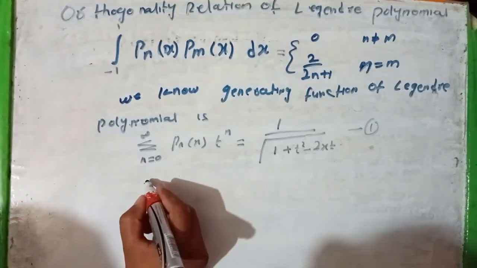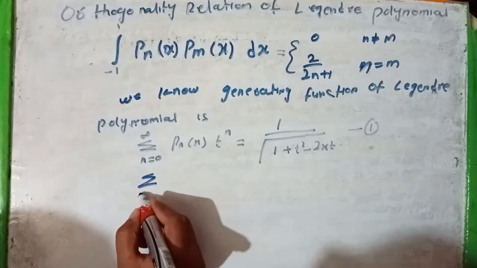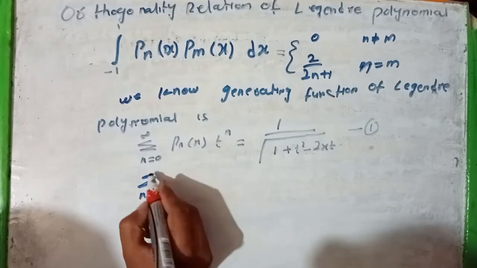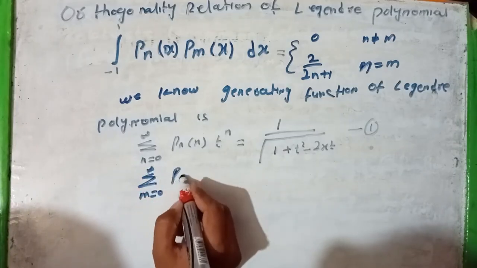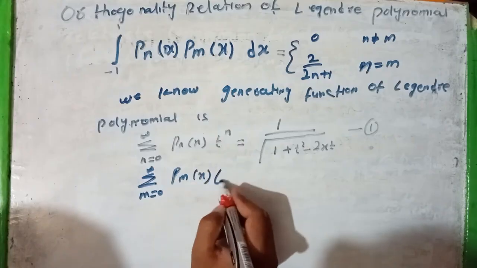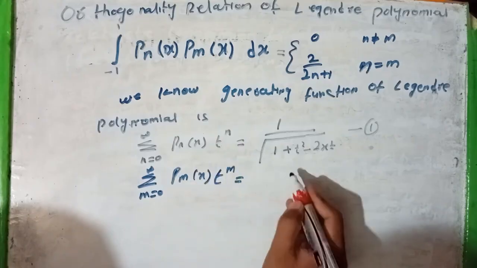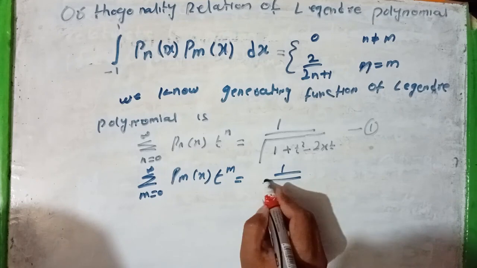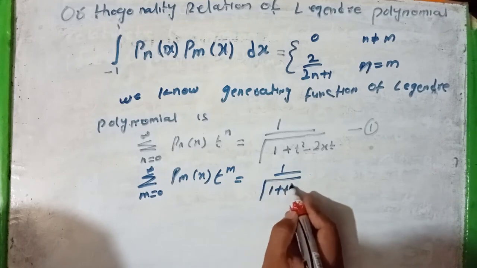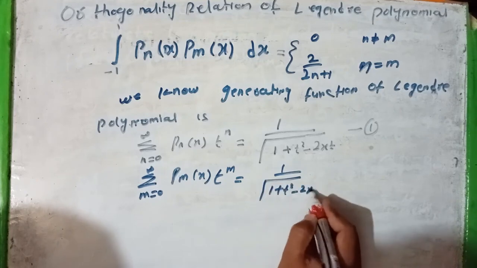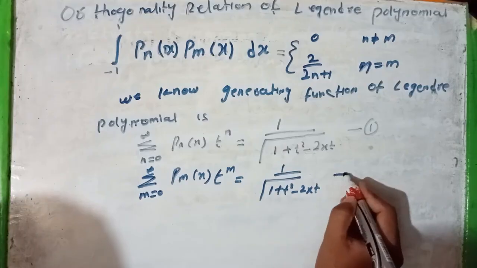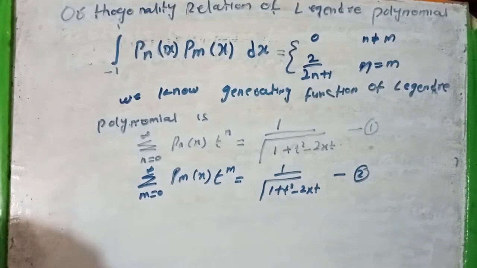Again, generating function summation m is equal to 0 to infinity P_m(x) t raised to power m is equal to 1 over square root of 1 plus t square minus 2xt. This is equation number 2.